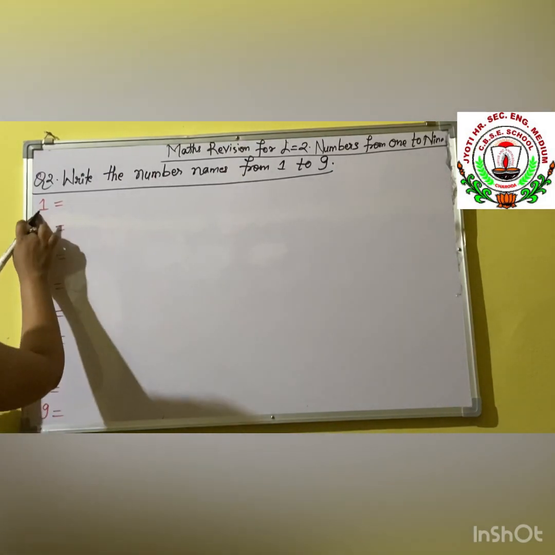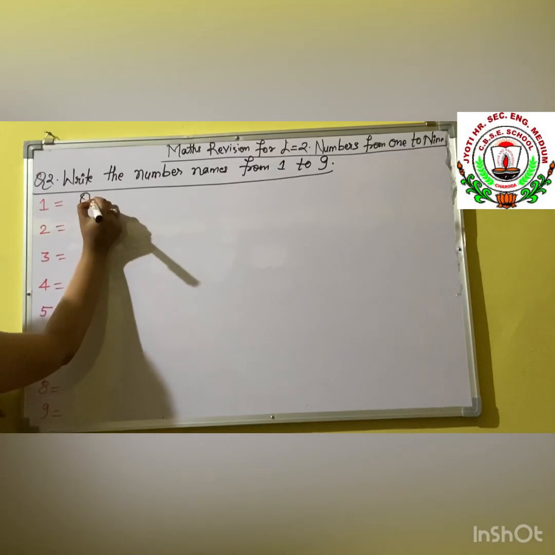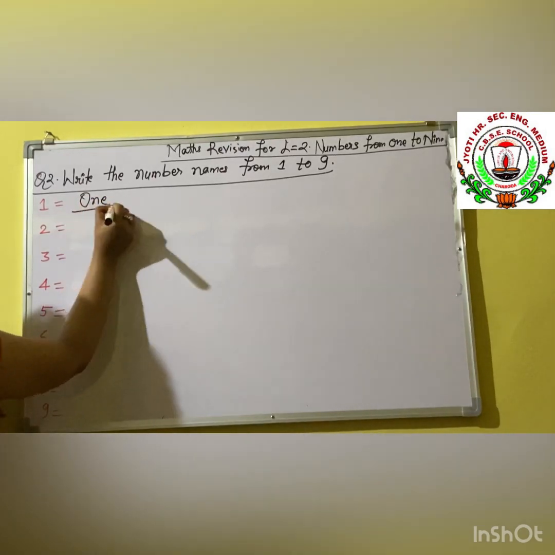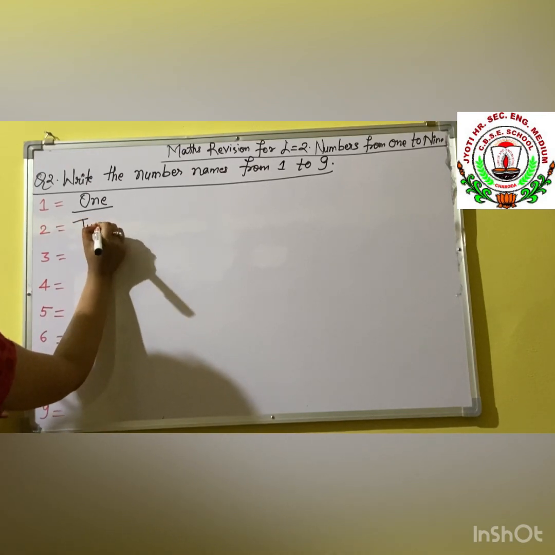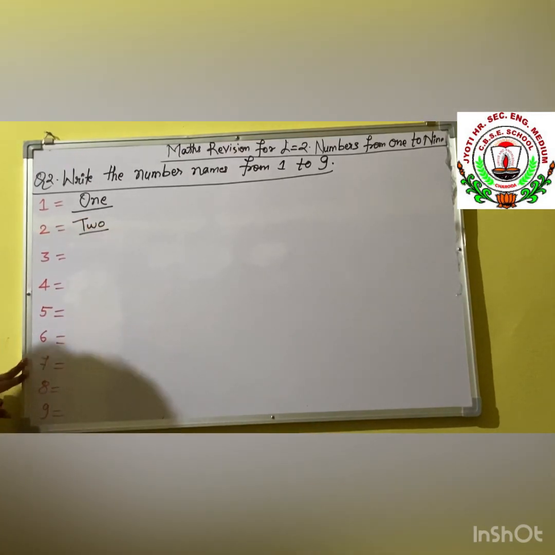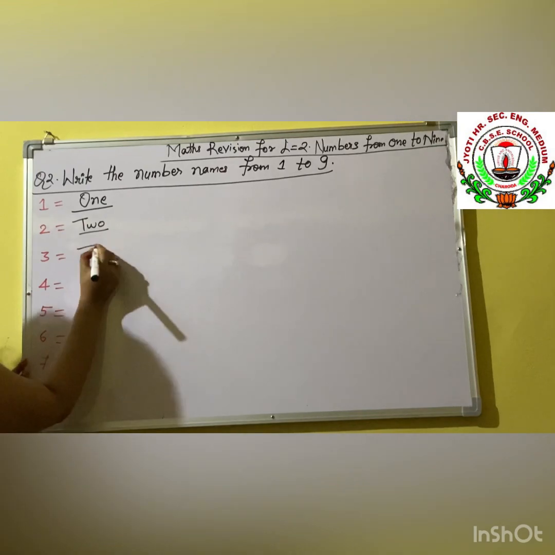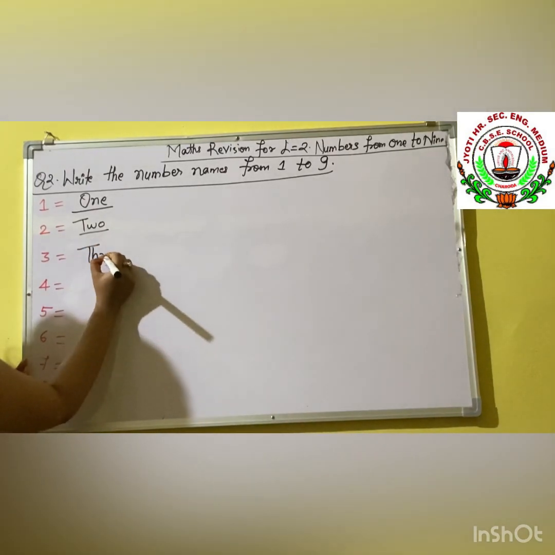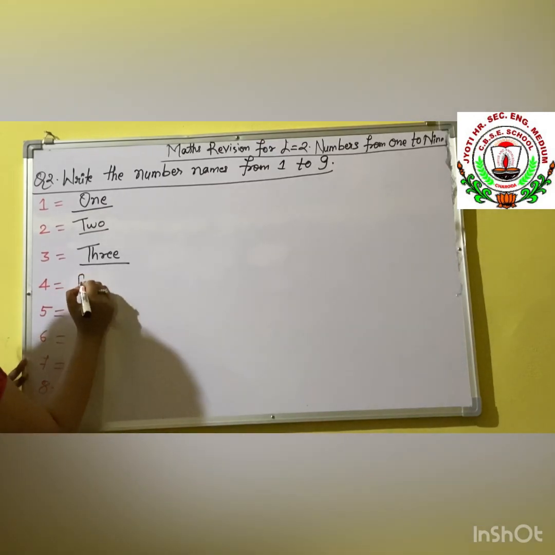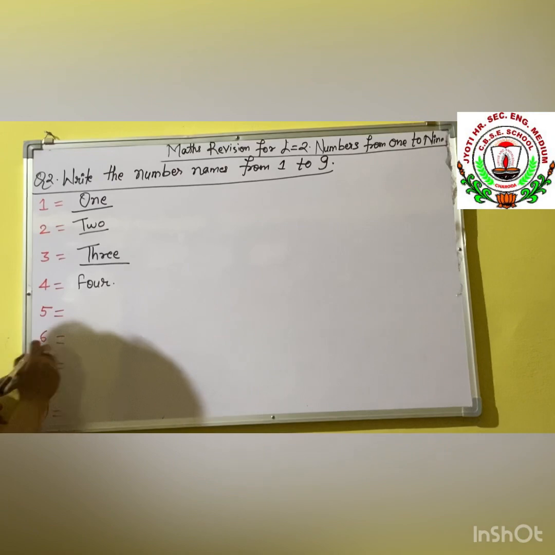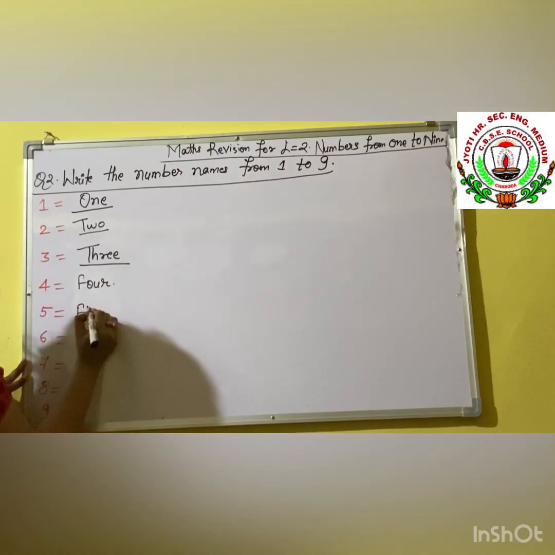Okay, the spelling of 1 is O-N-E. The spelling of 2 is T-W-O. The spelling of 3 is T-H-R-E-E. The spelling of 4 is F-O-U-R. The spelling of 5 is F-I-V-E.